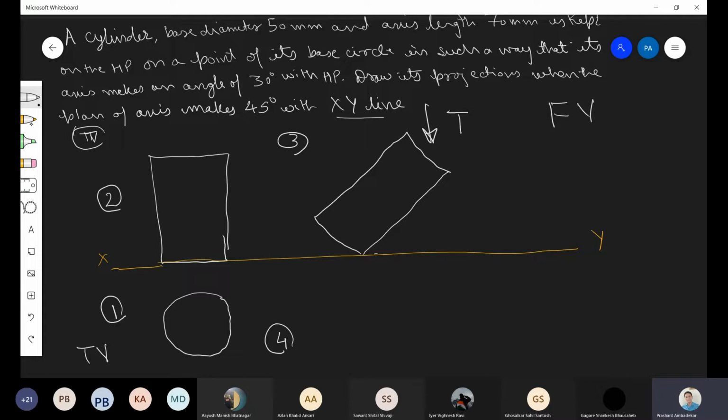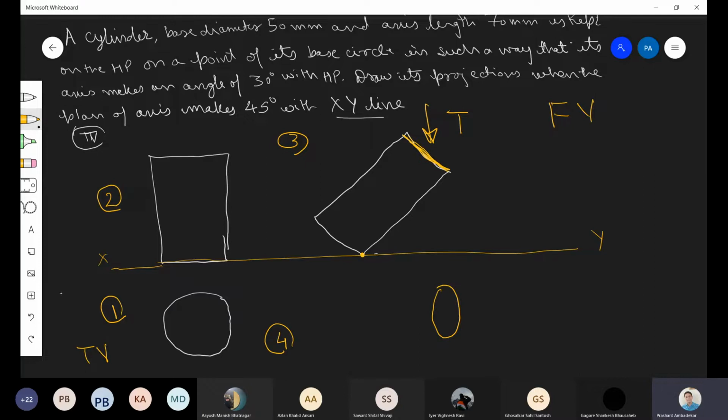Now when you look from here, this surface is clearly visible, correct? So since this is clearly visible, the ellipse which we are going to draw here will be clearly visible. And is this point visible? Is this point visible? No, this is not visible.